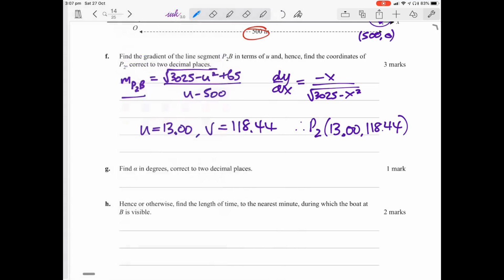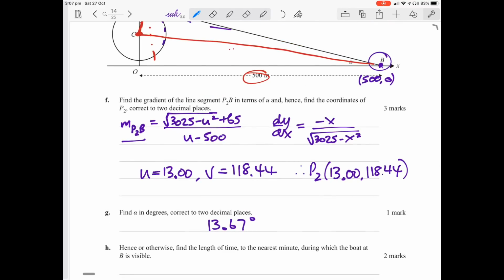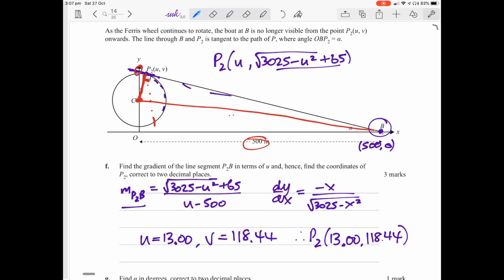Don't have to show how we worked it out. So 13.67 degrees to 2 decimal places is what I'm thinking that angle is. So we worked out that length, and we worked out that length. We know that length is 500. So we found the angle alpha is 13.67.